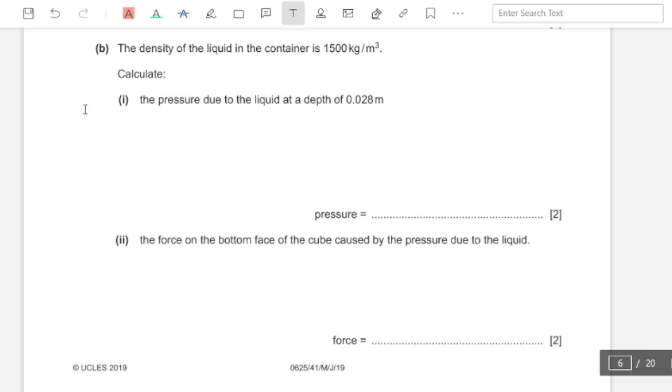Alright, so we have pressure is equal to density into gravity into height, which is the density given in the question, 1500, into gravity, which is 10, or acceleration due to gravity, into height, which is 0.028. And this gives us the answer as 420 pascals of pressure.